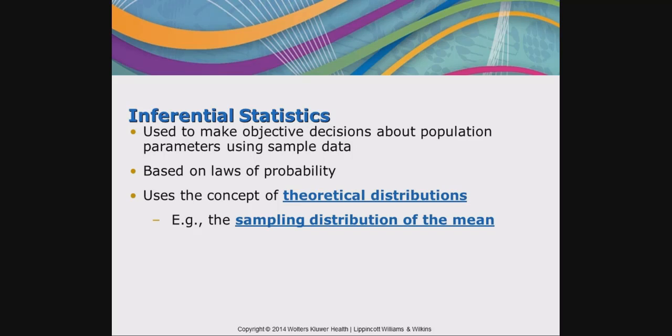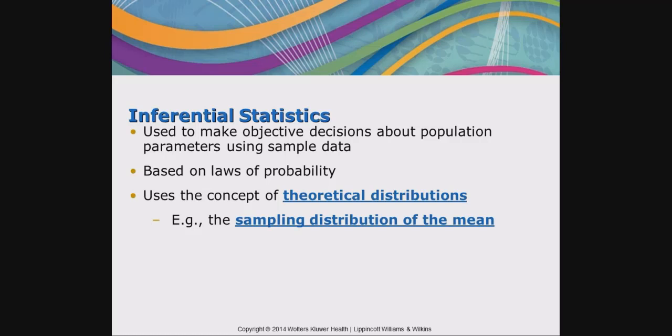Now, inferential statistics is the second broad purpose or type of statistics used. And remember, it looks at population, not sample or individual. And this really gets into the nailing jello to a tree kind of thing, but hang in there, guys. We are getting close to the end here, based on the laws of probability.